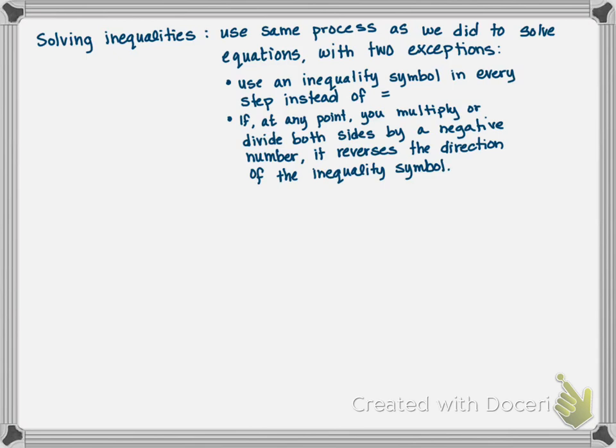And that mainly has to do with the fact that multiplying and dividing by a negative changes the sign on the numbers.